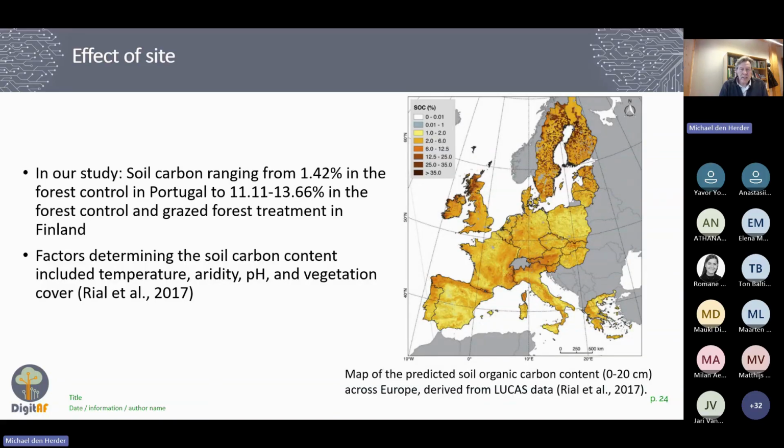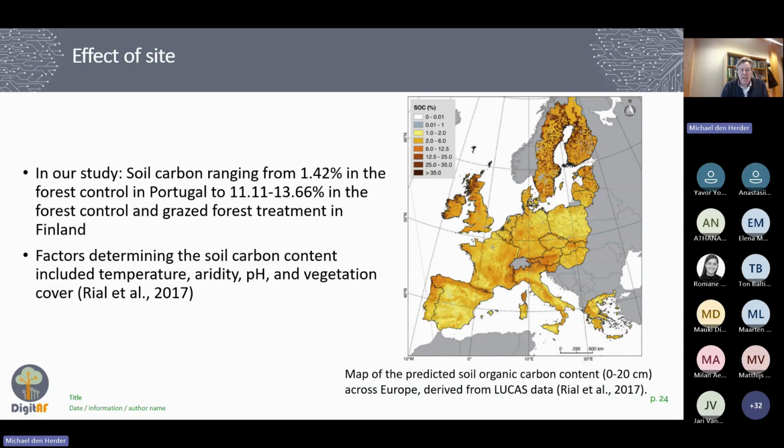In our study, soil organic carbon ranged from 1.4% in Portugal to 13.6% in the forest control plot in Finland. So in the wood pasture, it was 11% soil organic carbon, and in the forest plot, it was 13% soil organic carbon. And on this map, you see that in Northern Europe, the soil organic carbon content is very high.